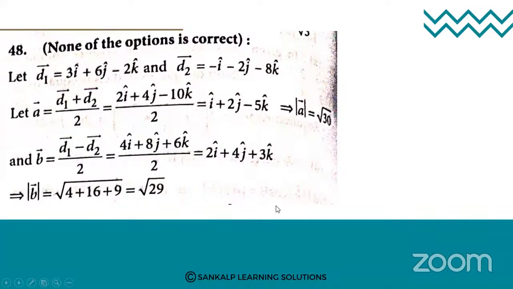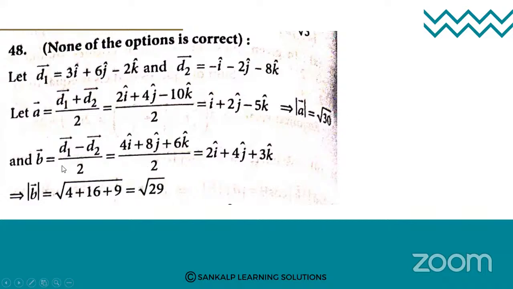So we will simplify this. Say A value is given, D1 is given, D2 is given, and we know A is nothing but D1 plus D2. So it will be equal to 2i cap plus 4j cap minus 10k cap. When we take the LCM, we get mod A is equal to root 30.